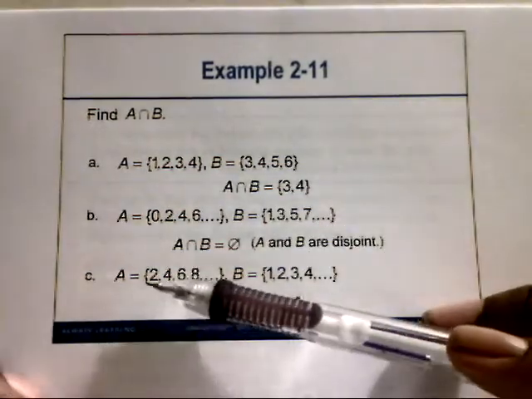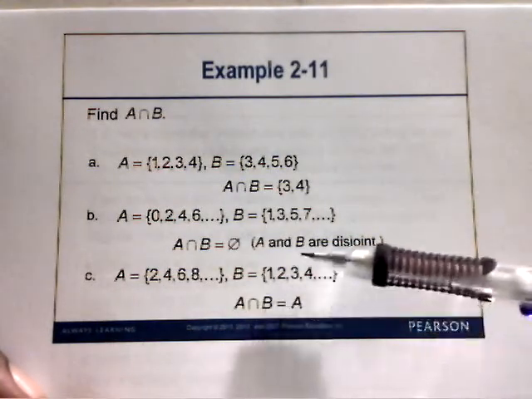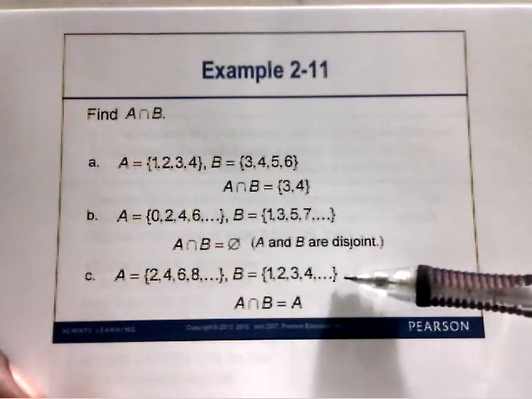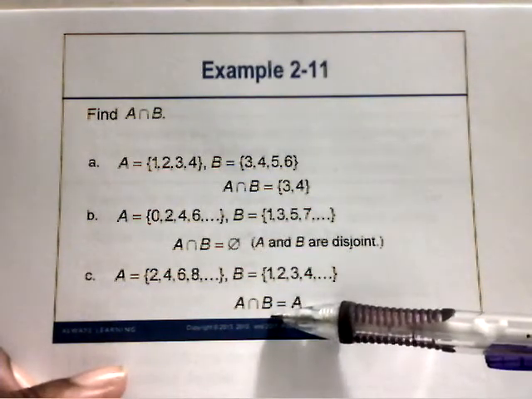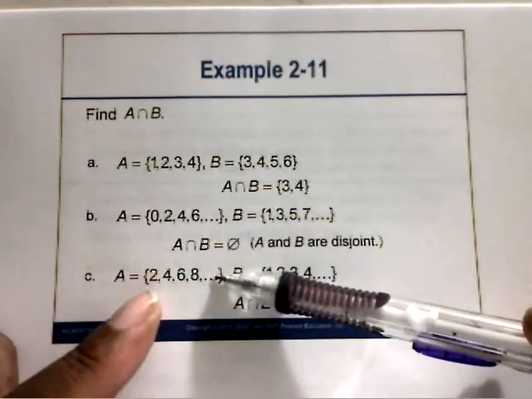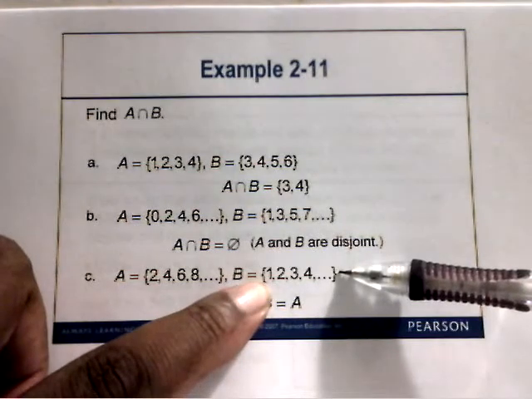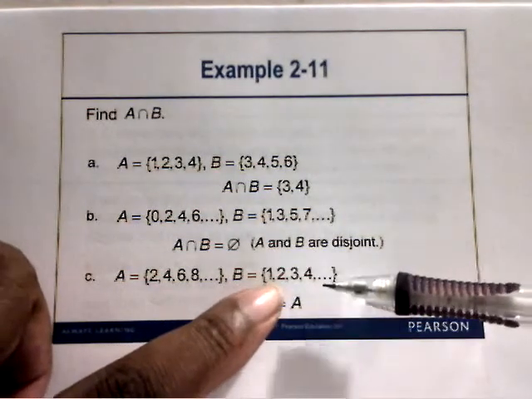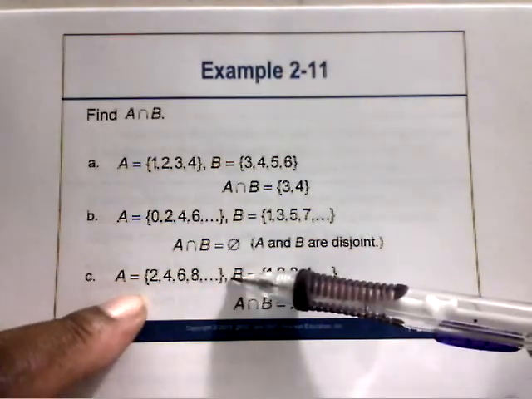Part C, A has the elements 2, 4, 6, 8, and so on. B has the elements 1, 2, 3, 4, and so on. Now we want to find the intersection of A and B. Notice that all the elements in set A, even though it's an infinite set, are common in B, because set B is the natural numbers and set A is the set of even numbers.